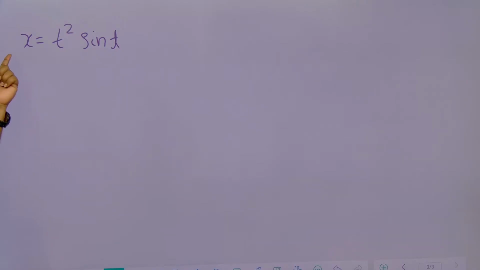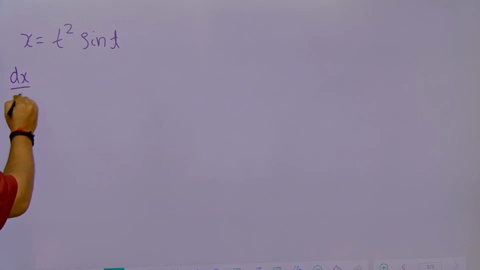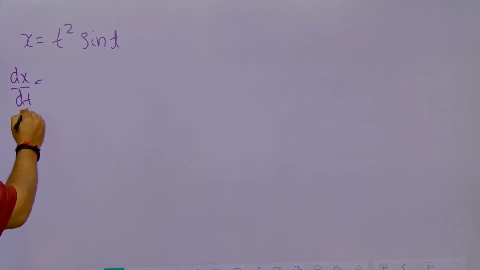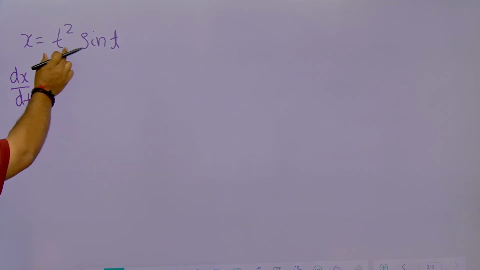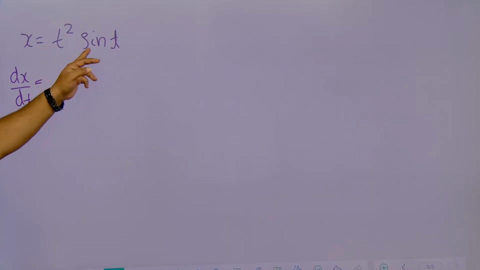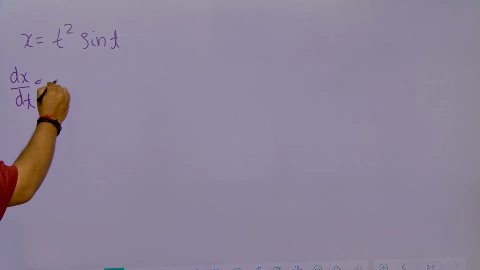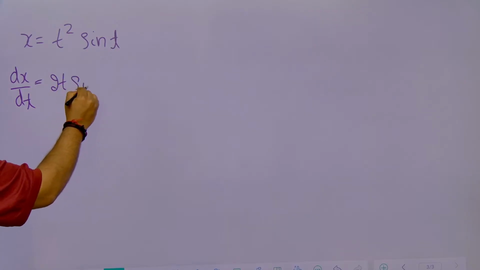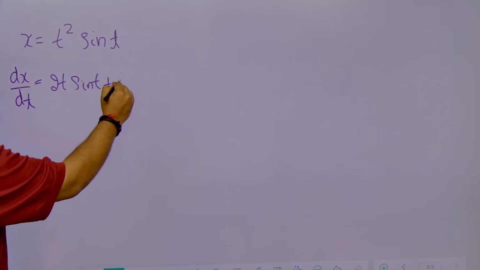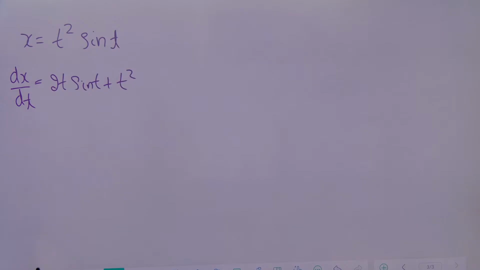So if they give x is equal to t square sin t, they are asking you to find dx by dt. This is also a product function. See, t square is one function, a polynomial function, and sin t is another, a trigonometric function. So you have to apply the product rule again. t square gives 2t into sin t, plus t square you write as it is, and the derivative of sin t is cos t.